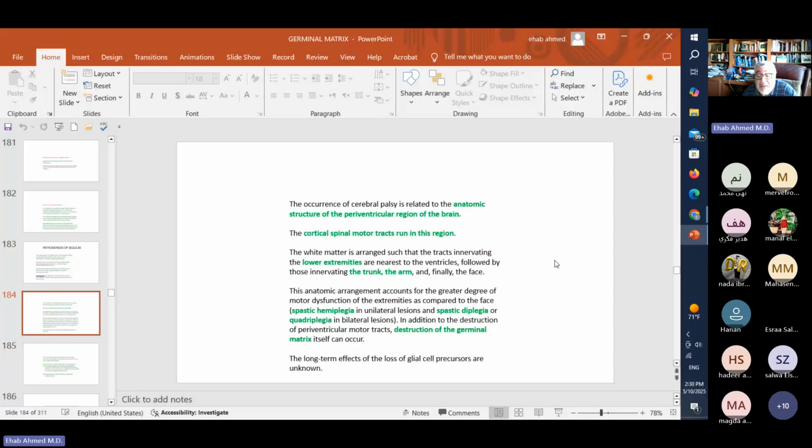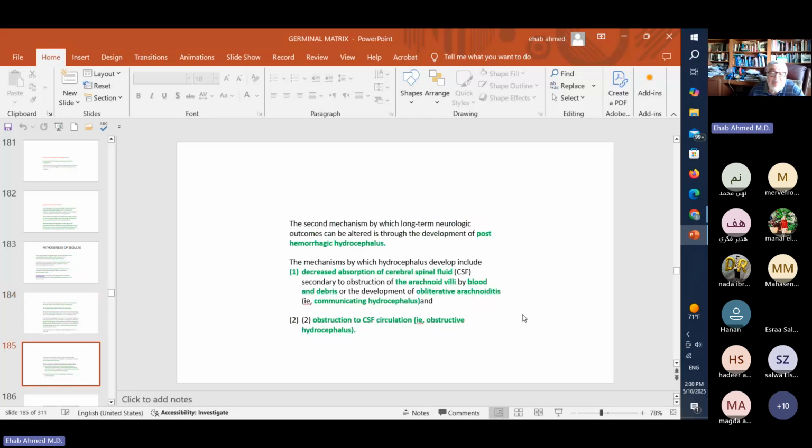Okay, and then you can have spastic diplegia, or if the injury is massive, you will have hemiplegia, spastic hemiplegia. If it's bilateral, it's quadriparesis or quadriplegia, which is very, very bad. And then destruction of the germinal matrix, as we said before. Okay.